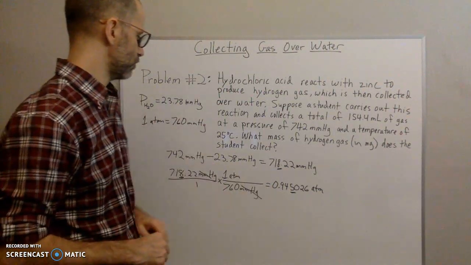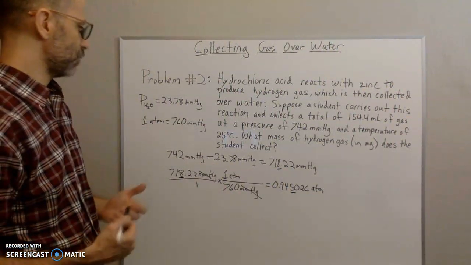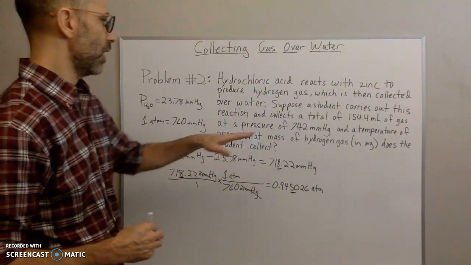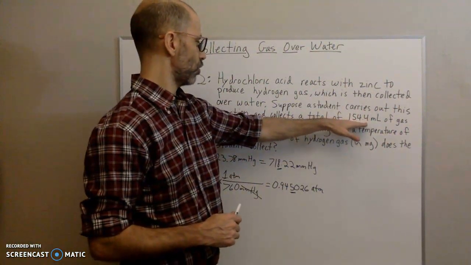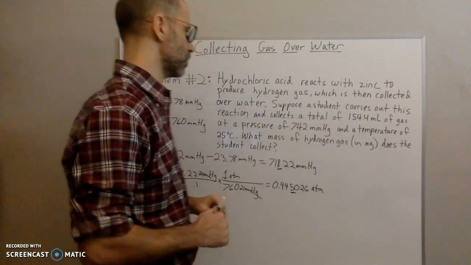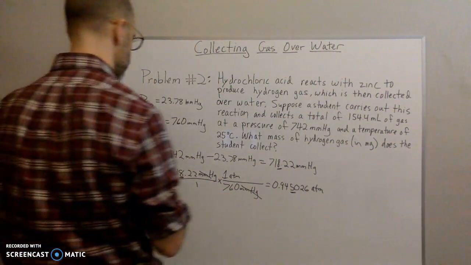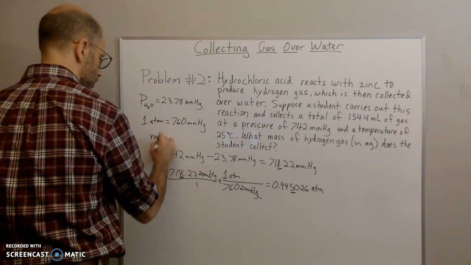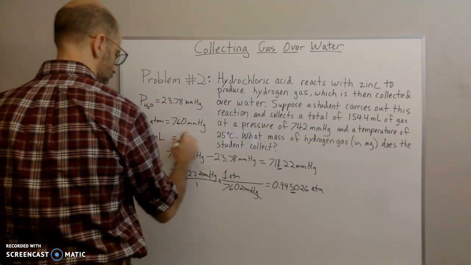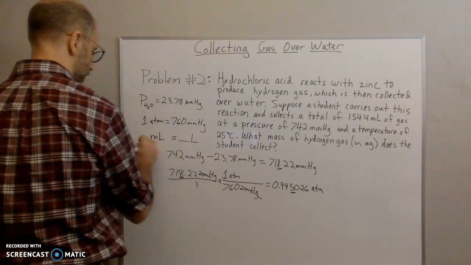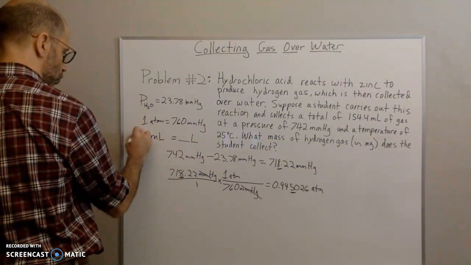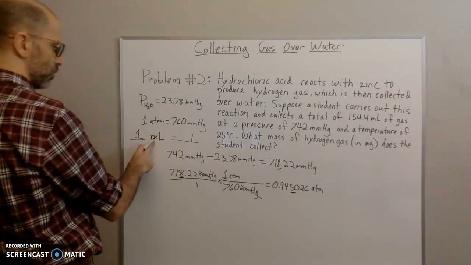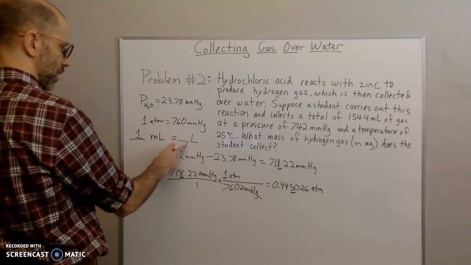Now that I have my partial pressure of hydrogen in atmospheres, I can plug that in with the other information. I have to change the volume though. The volume is in milliliters, and I have to change that to liters. If I equate milliliters and liters, I always put a 1 with the milliliters, and the prefix multiplier goes with the base.